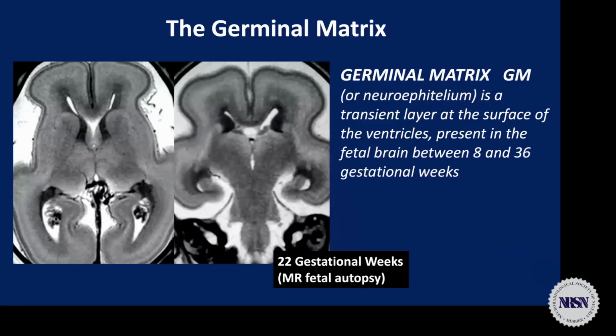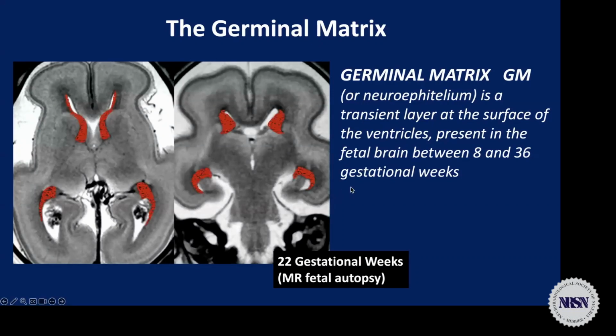In preemie, you can see on magnetic resonance a very important structure, that is the germinal matrix. The germinal matrix is a transient layer that is on the surface of the ventricle and is present in the fetal brain during a large period of gestational age, between 8 and 36 gestational weeks.